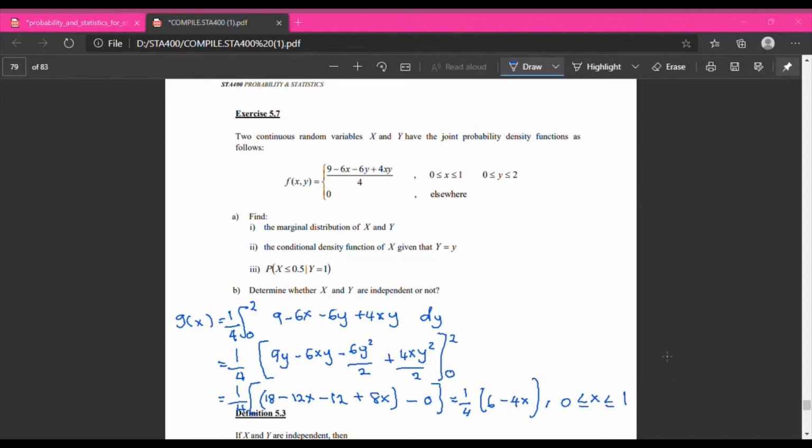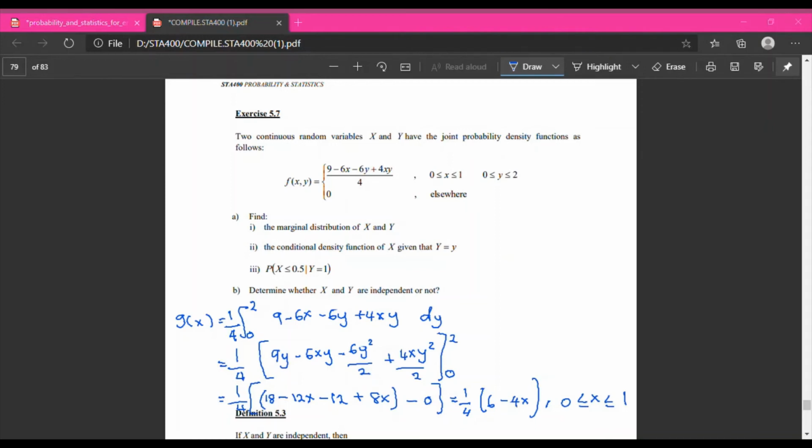The answer is 0.625. Okay, so the probability of x less than or equal to 0.5 given y equal to 1 is 0.625. So remember, make sure the probability value cannot be negative and cannot be more than 1. So 0.625 is logical.